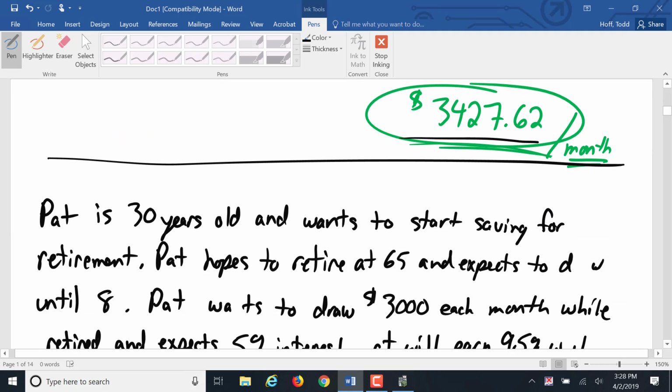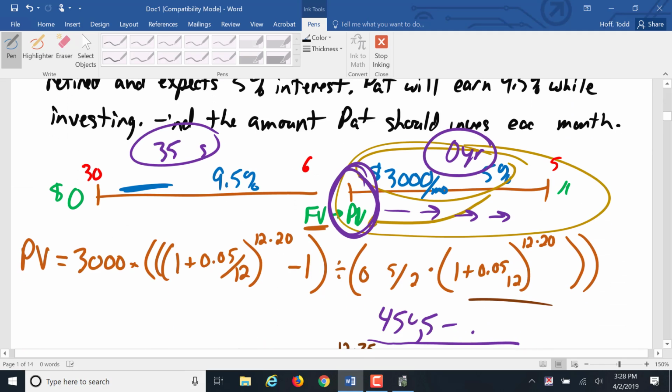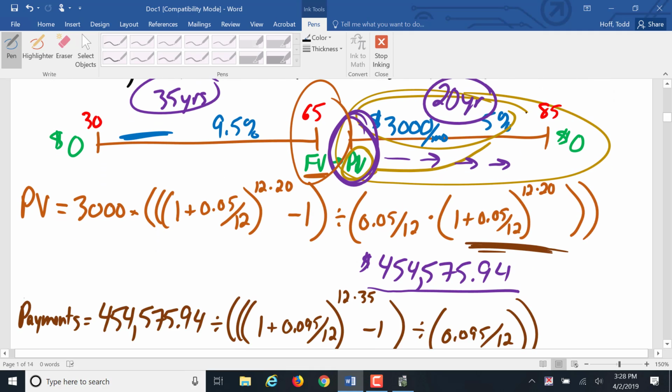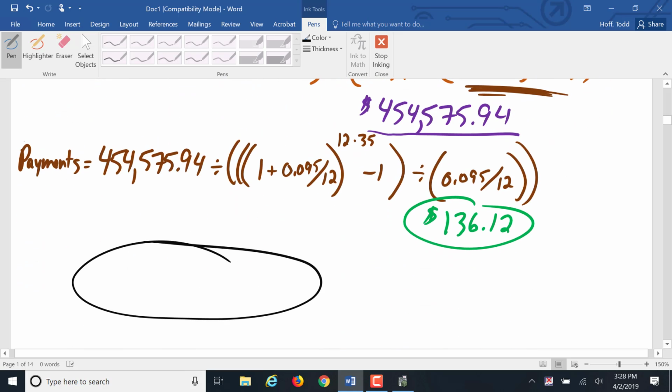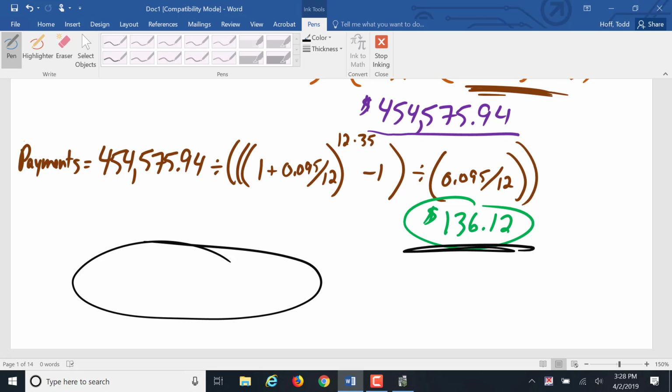Or going the other direction, our second example, where we knew what we desired to have in retirement. We desired $3,000 a month in retirement, and going backward then to see what we would have to start putting away on a regular basis now to make that happen. So that is linking together the accumulation phase and the liquidation phase for annuities.